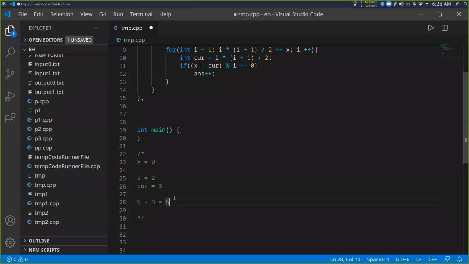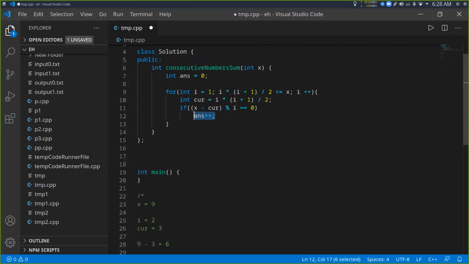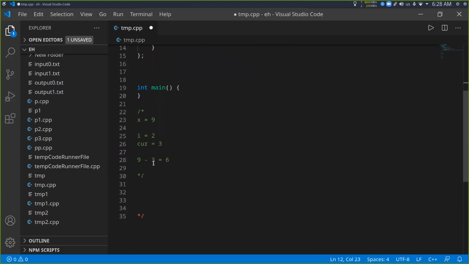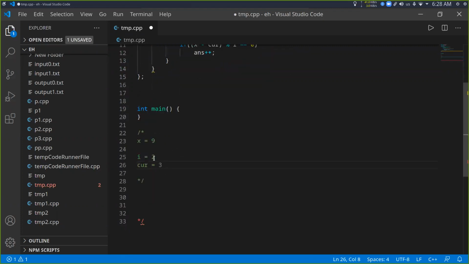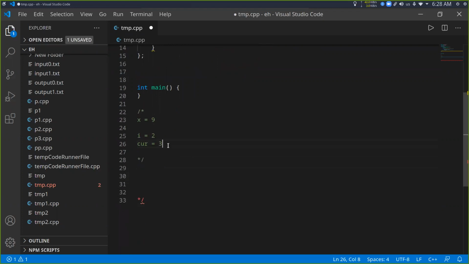Yes, 6 is divisible by 2. So that means I could distribute this 6 over the 2, right? Initially I had 1 plus 2, which is the maximum value for I. But 9 minus 3 is 6, so I have 6 left, and I want to distribute them over these two.